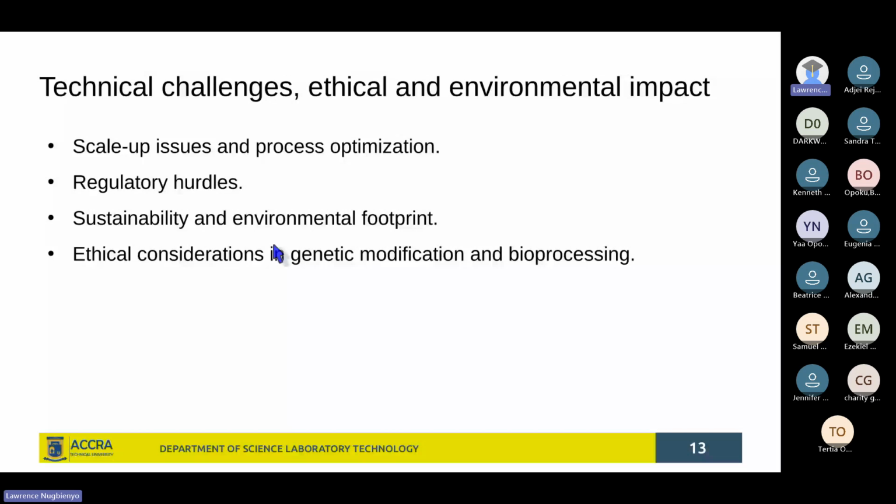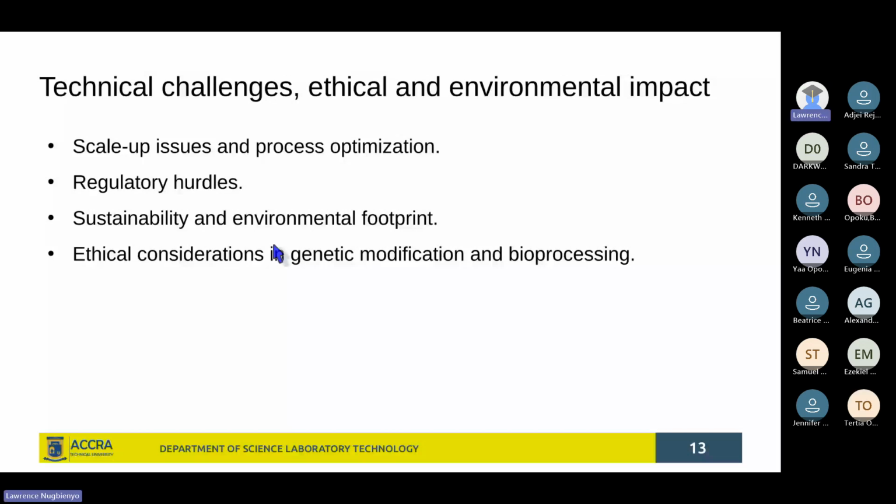On the use of biofuels, in countries you have regulations on the percentage of biofuels that can be mixed with fossil fuels. So you have different percentages of biofuels allowed in fossil fuels.